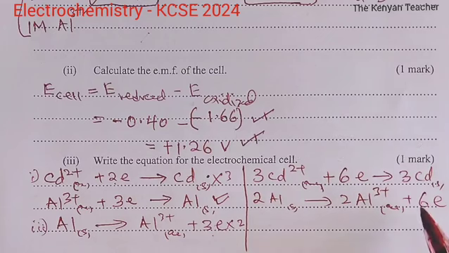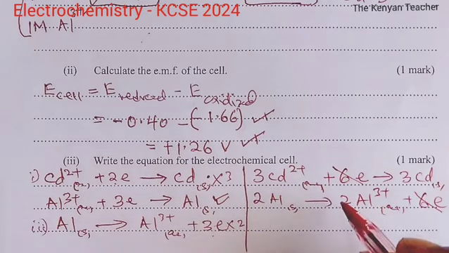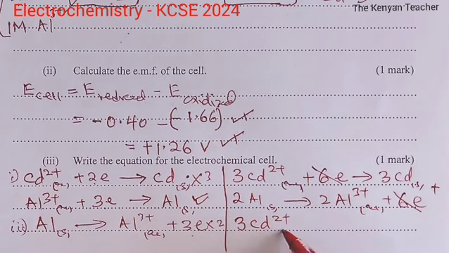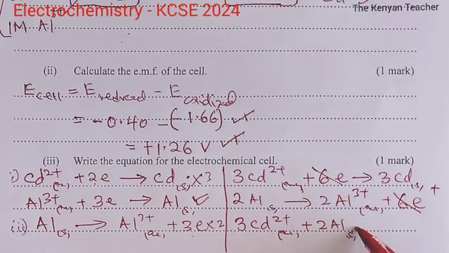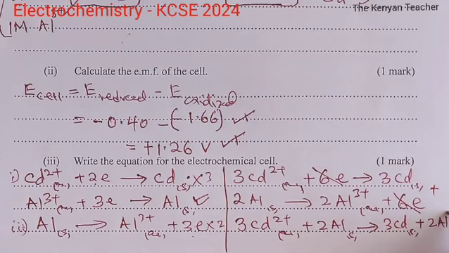After this, we want to cancel out the electrons for the two equations, and then we rewrite the equation afresh through addition of the two. So on the reactant side, I will have 3 moles of cadmium ions reacting with the 2 moles of aluminium to give, on the product side, 3 moles of cadmium together with 2 moles of aluminium ions.